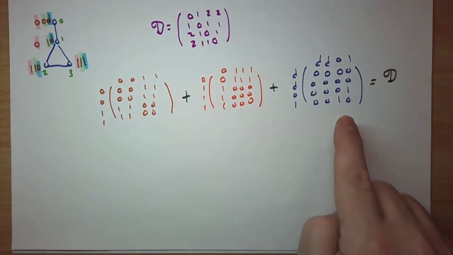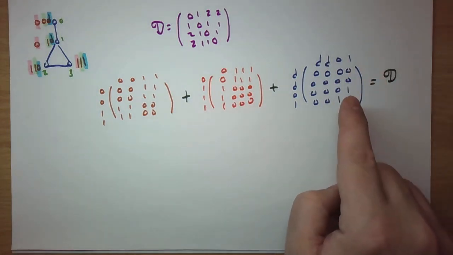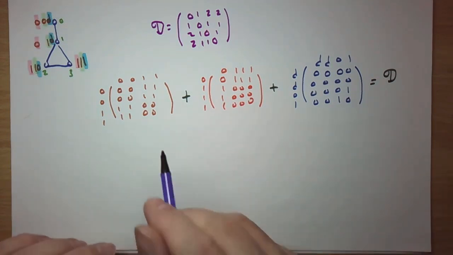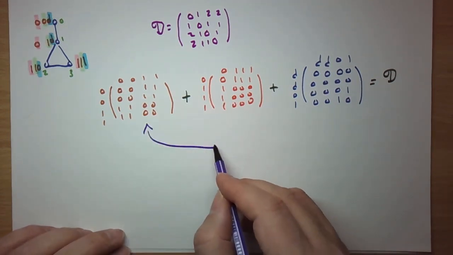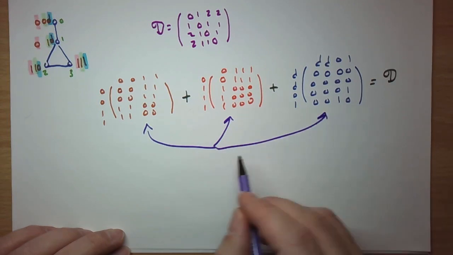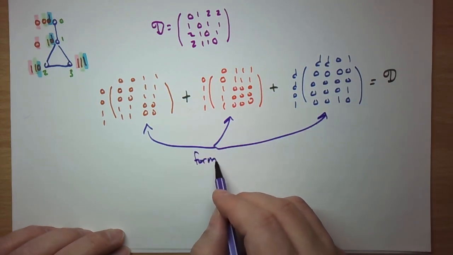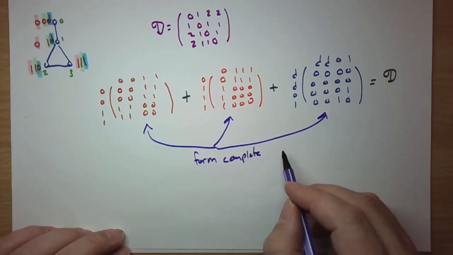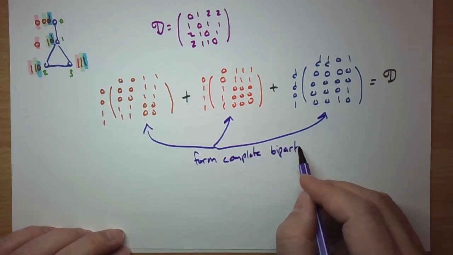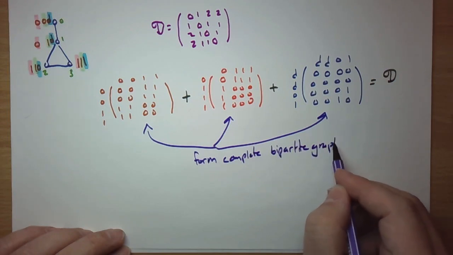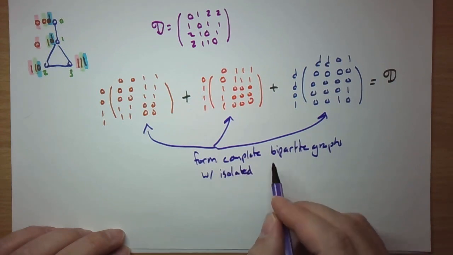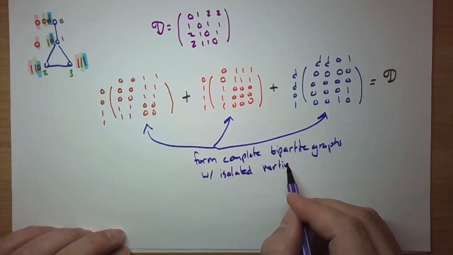Now this one you might say, whoa, Steve, it's not complete bipartite. But it's almost complete bipartite. It's complete bipartite and isolated vertices. So if there's these, you get isolated vertices. So these form complete bipartite graphs with isolated vertices. And that's if you think about these as the adjacency matrices.